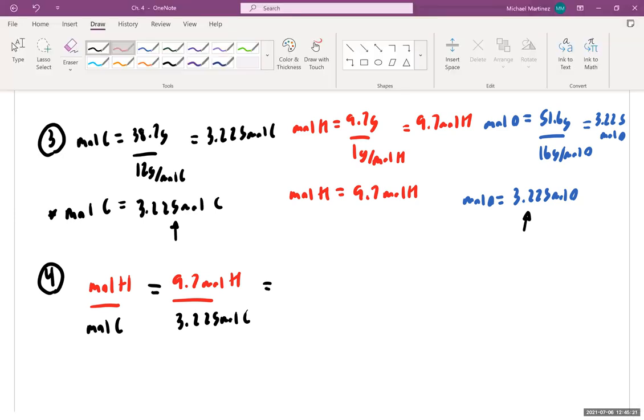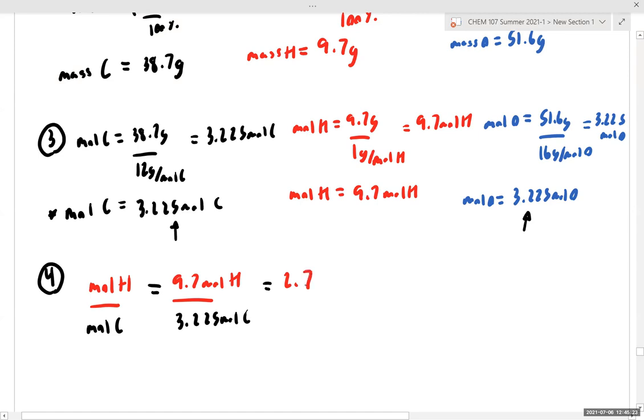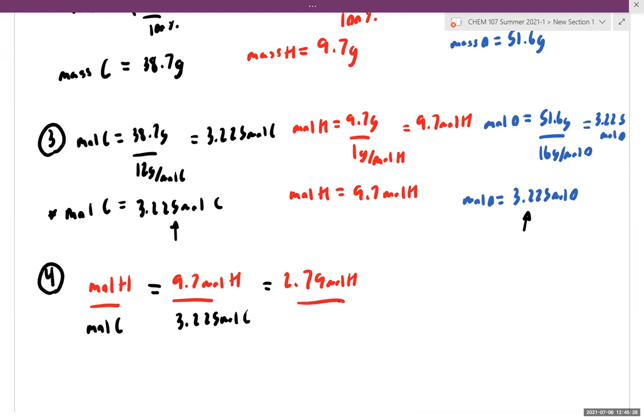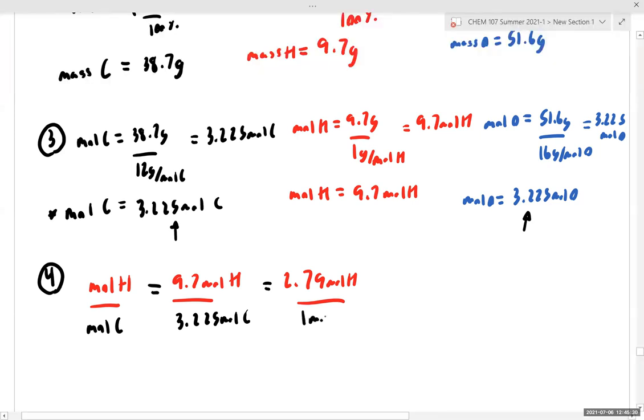Not quite 3 in this case. It's 2.79 moles of hydrogen per 1 mole of carbon.